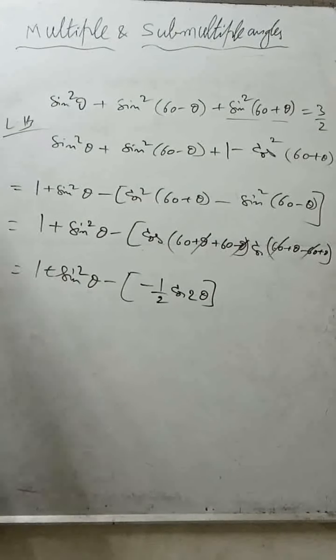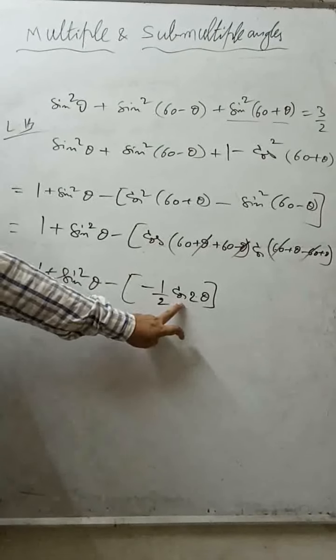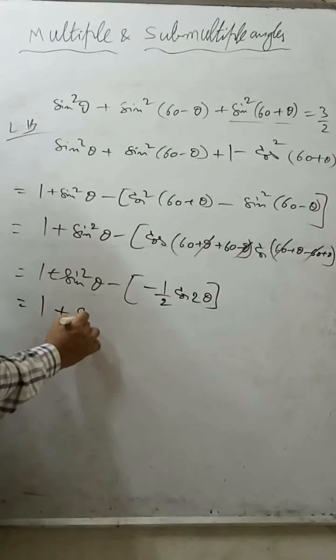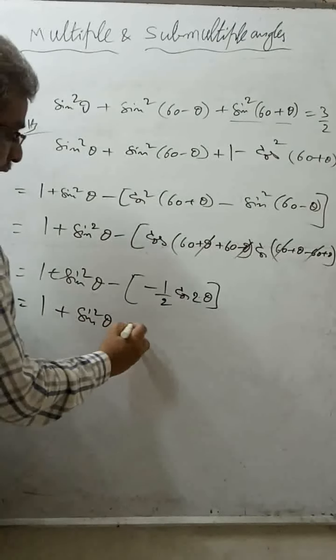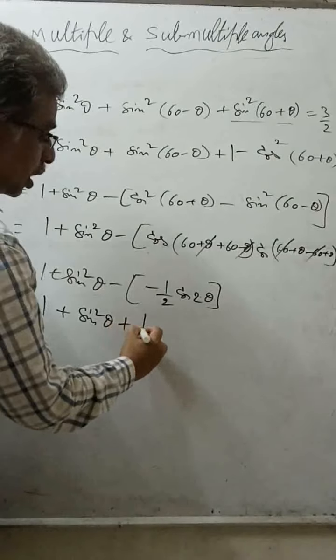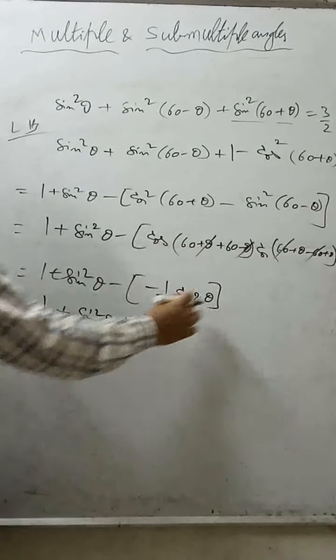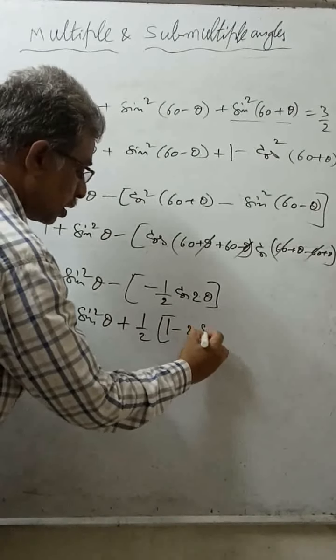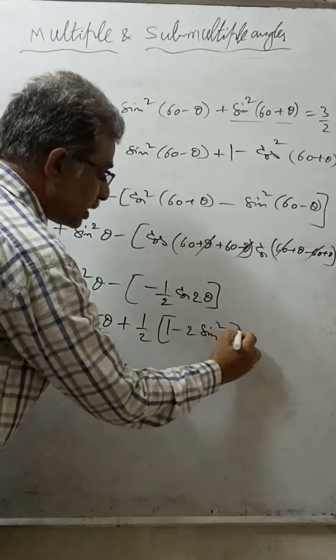This cos 2 theta I can write in terms of sin or cos. So this is equal to 1 plus sin square theta minus half into minus, that is plus half, into cos 2 theta, which I can write as 1 minus 2 sin square theta.